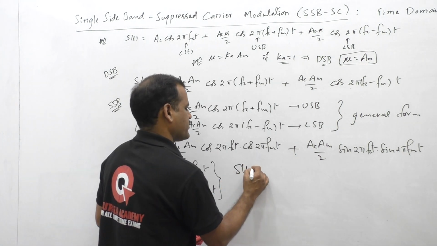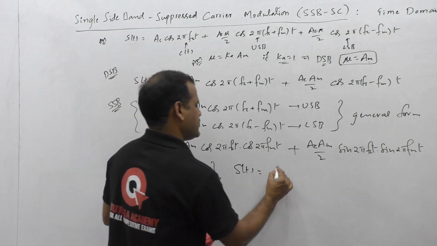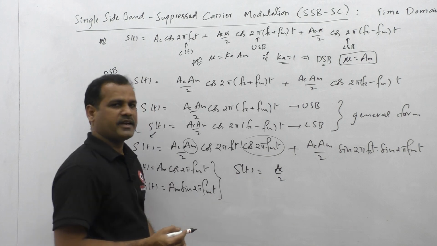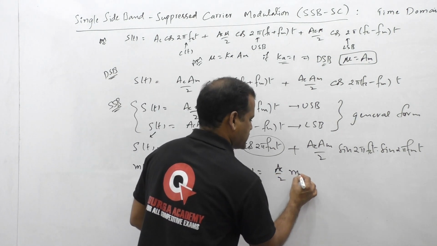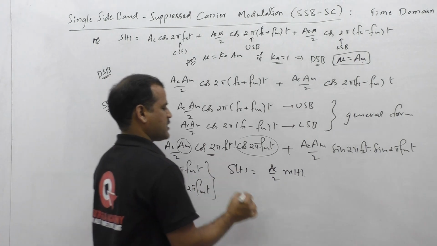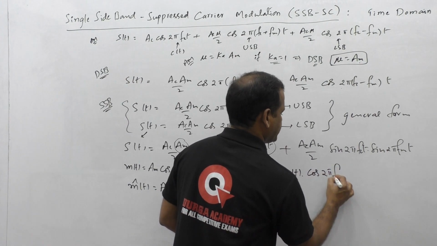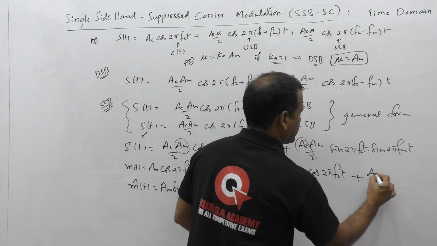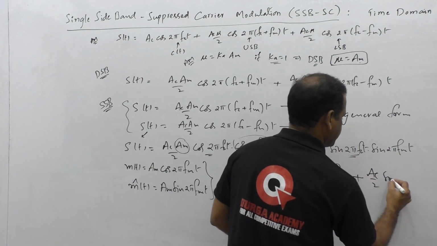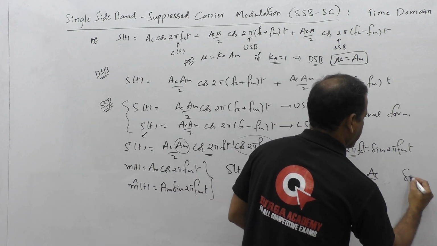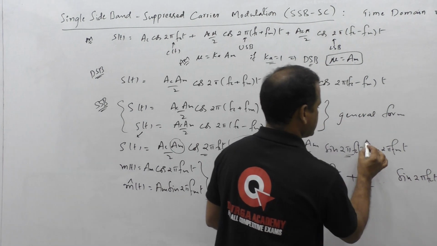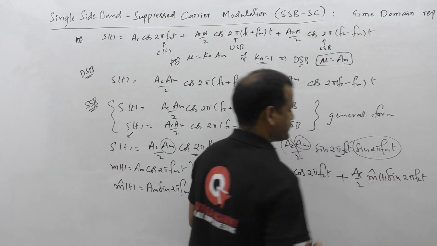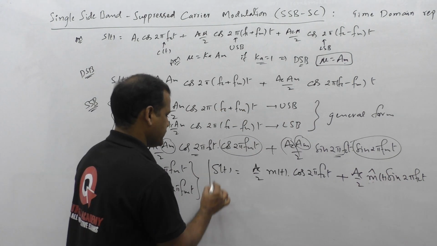We can write s(t) equal to Ac by 2, where Am cos 2 pi fm t we are taking as the message signal m(t), so m(t) multiplied by cos 2 pi fc t, and then Ac by 2 and sin 2 pi fc t, multiplied by sin 2 pi fm t and Am, which we are writing as m cap of t. Observe the final expression for this LSB.